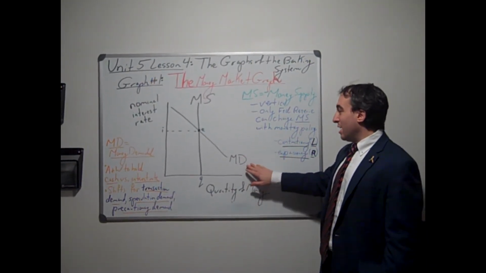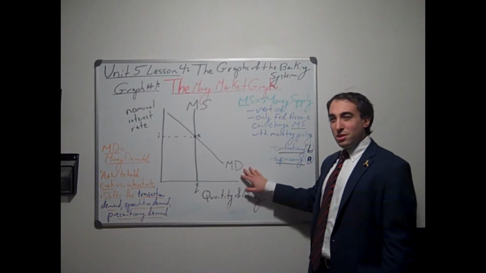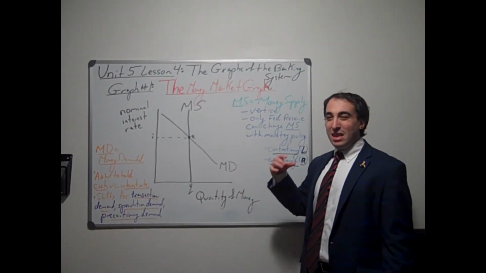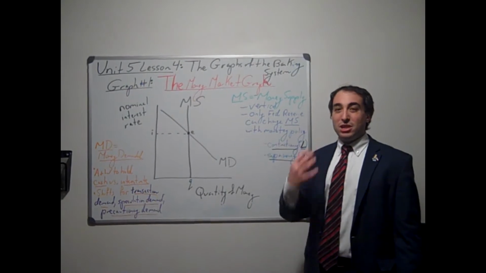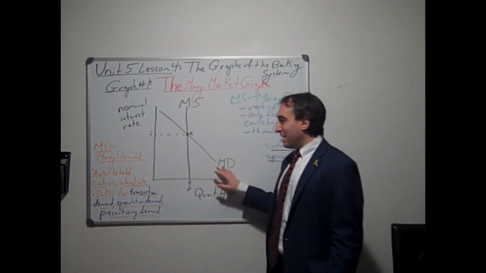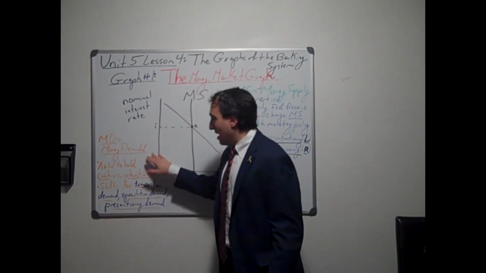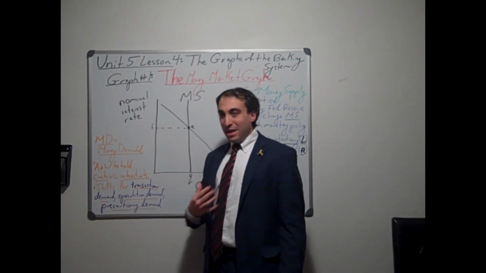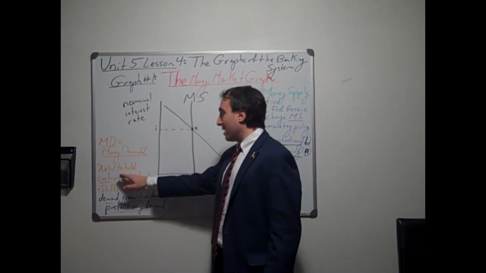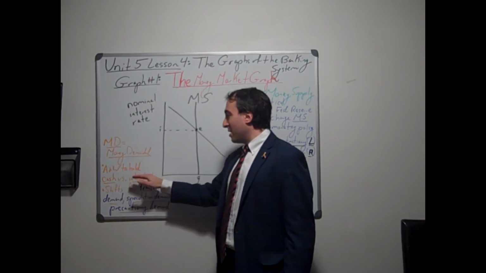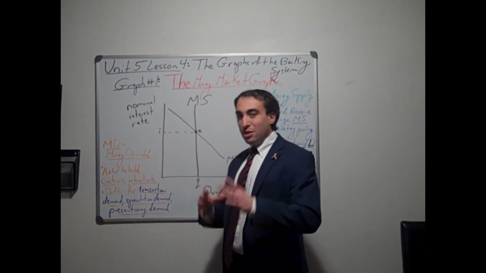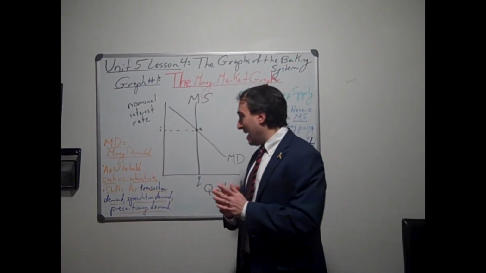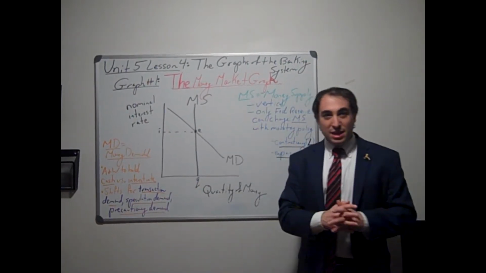First, we're going to start with money demanded. This is actually the most complicated of the curves, because this is the one that is based on human nature. And money demanded represents our households' ability and willingness, A and W, ability and willingness to hold cash, to hold money as M1 cash versus the interest rate.